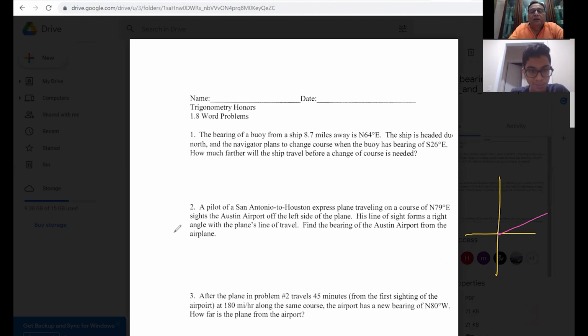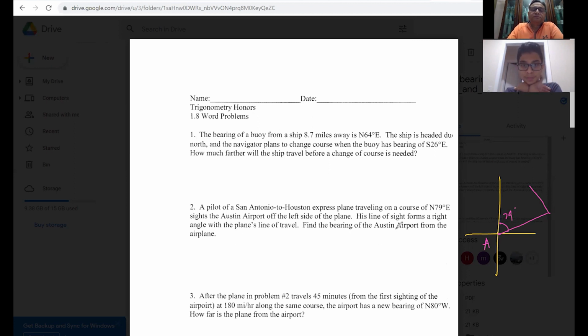Okay. So a pilot of a San Antonio to Houston express plane traveling on a course of, so this is the course, 79 degrees east, sights the Austin airport off the left side of the plane. His line of sight forms a right angle with the plane's line of travel. Find the bearing of the Austin airport from the airplane.